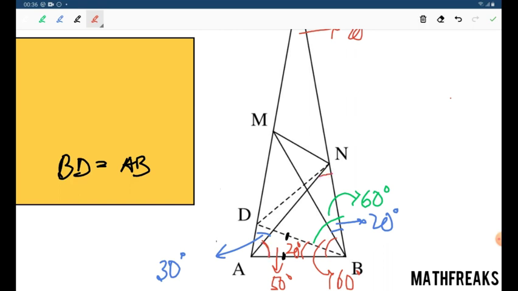Since this angle is 50 degree, just see, this is 50 degree, this total angle 80 degree, 50 plus 80 is 130, 180 minus 130 equals to 50 degrees. So this angle is also 50 degree, that means that this is an isosceles triangle. Write down this is 50 degree, which implies that BN equals to AB, and AB equals to BD.